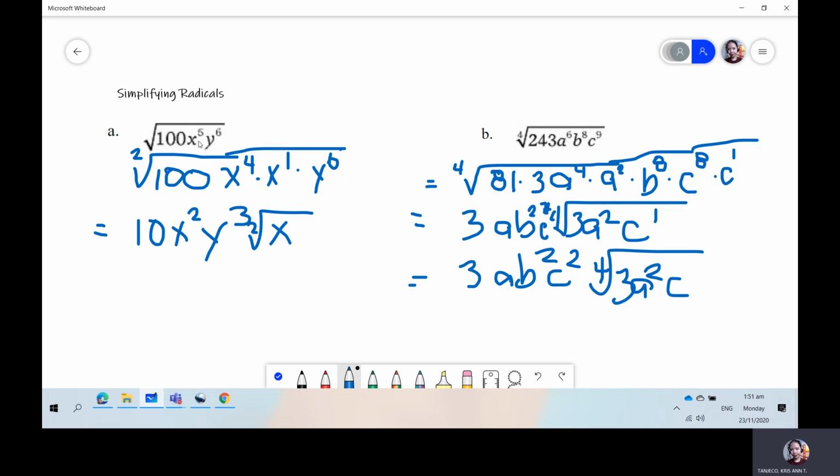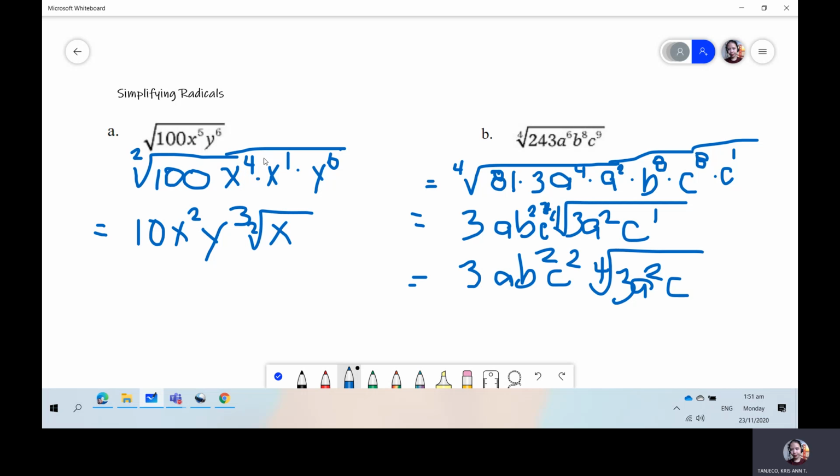So just like what we have here at the first part, 5 here is not divisible by 2. So we split 5 into 4 and 1, x raised to the 4 and x raised to the 1. And y raised to the 6, as the exponent can be divisible by 2, so we don't need to split it anymore. So by doing so, we can get the square root of 100, that will be 10.